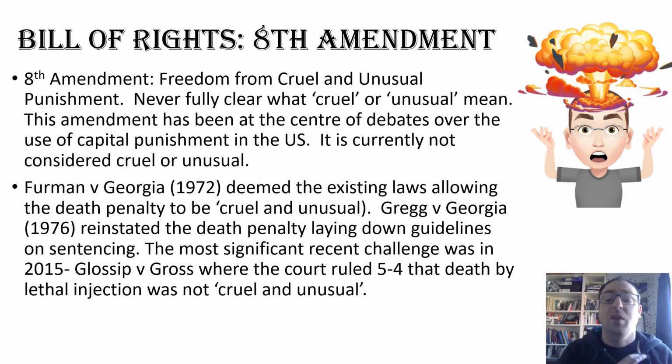So you need to go away and think about these laws again. And various states did, and Gregg versus Georgia in '76 is seen as reinstating the death penalty by laying down guidelines on sentencing and certain criteria that need to be met. And there have been various cases where different states' guidelines have either been upheld as meeting this standard or knocked down because they don't.